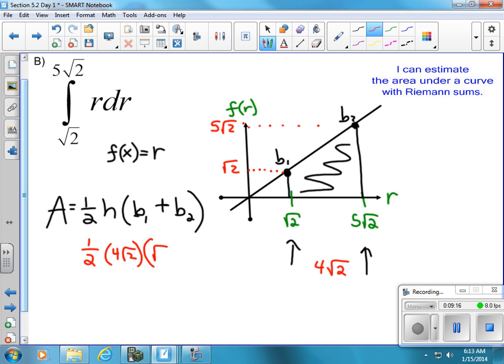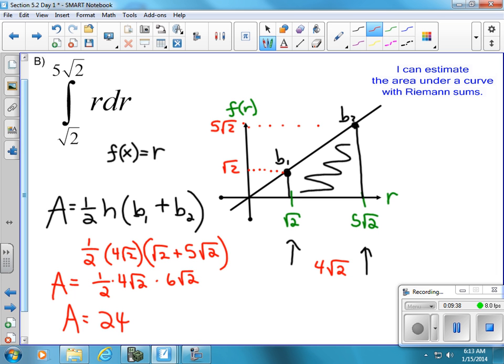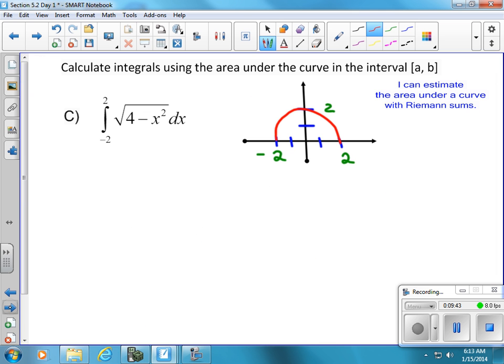And here we have a square root of 2 plus 5 of them. And we need to do this math. We have 4 square roots of 2 times 6 square roots of 2 times 1/2. The area then is 24. Check my math on that, but I'm pretty sure it's good.